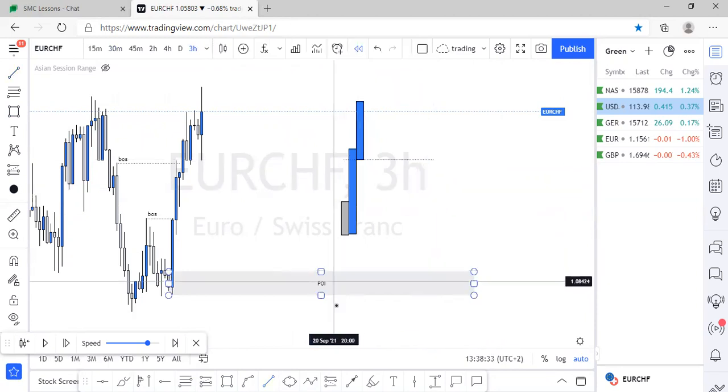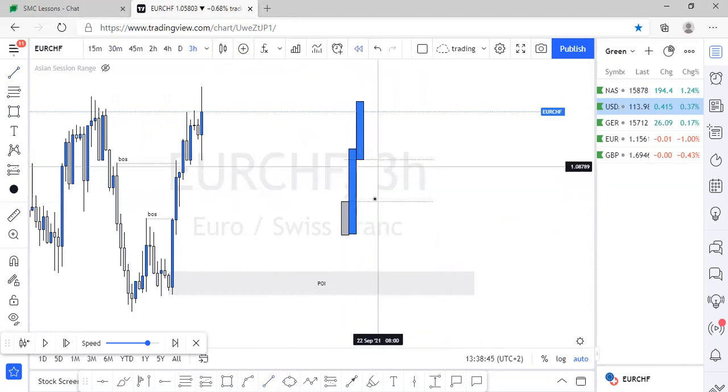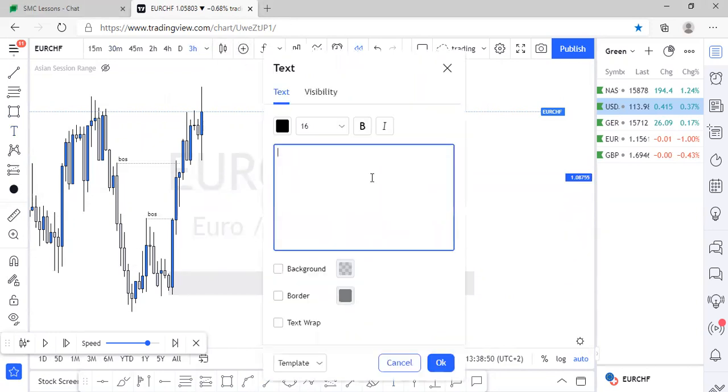There is a gap between these three candlesticks, isn't there? This is the gap. So what do we call this gap here? We call it imbalance, or IPA, which is imbalance in price action. Do you get a point? Imbalance in price action.